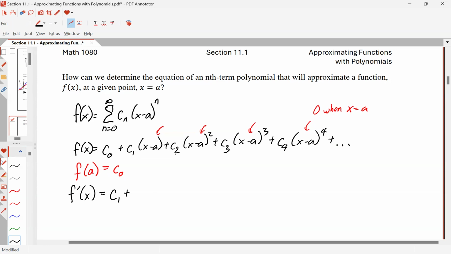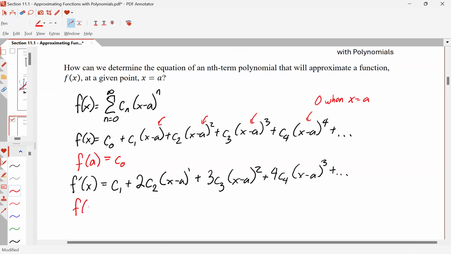The derivative of c sub 2 times x minus a squared is 2c sub 2 x minus a to the first by the power rule and chain rule, technically. The derivative of the next term is 3 times c sub 3 x minus a squared by the power rule. And we'd have 4c sub 4 x minus a cubed, and so on.